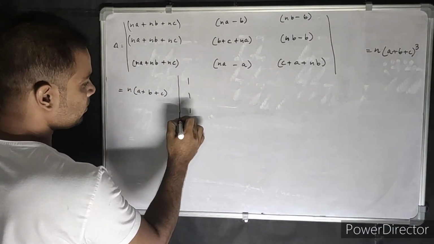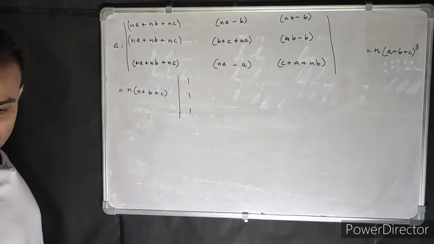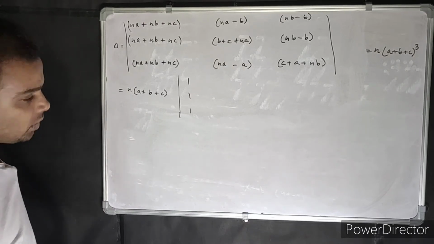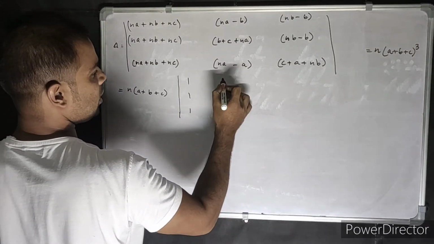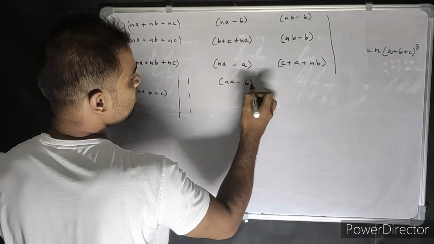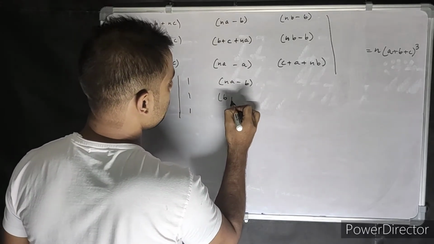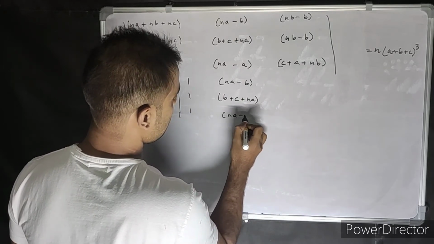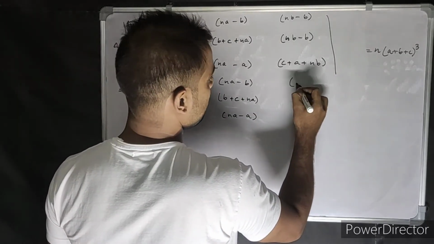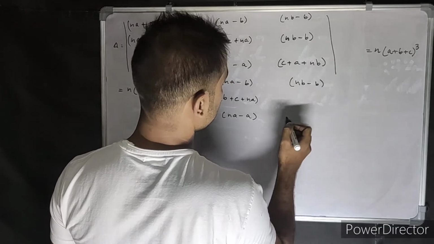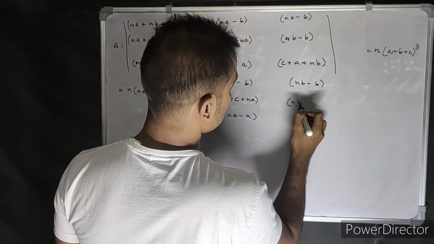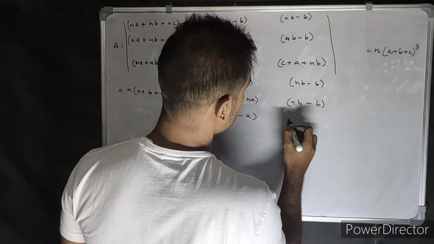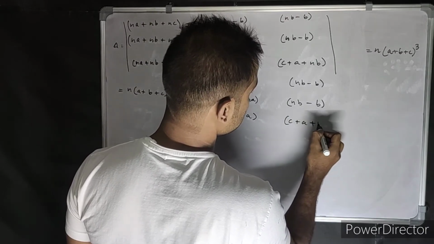So from here we have this. The book is getting dirty because of the duster. So now NA minus B, then B plus C plus NA, NA minus A, NB minus B, NB minus B, and C plus A plus NB.